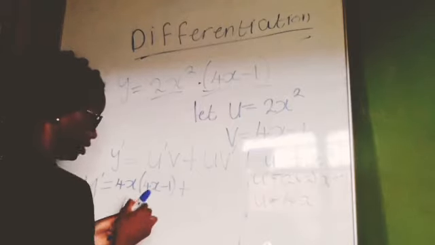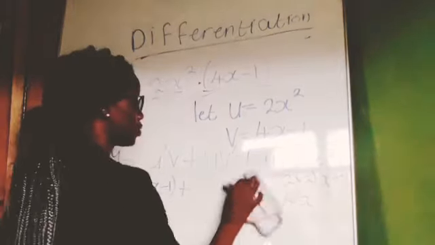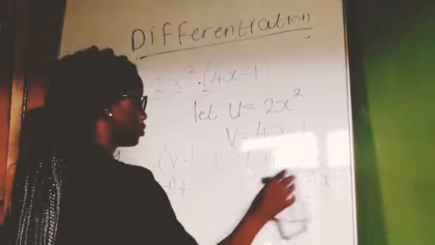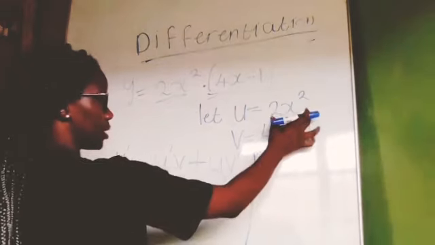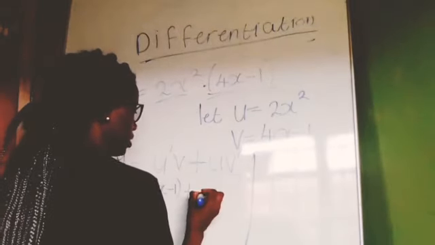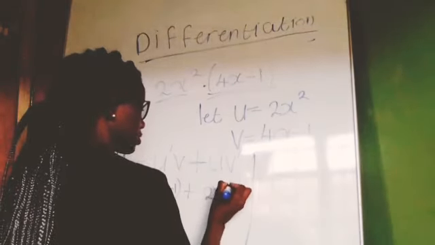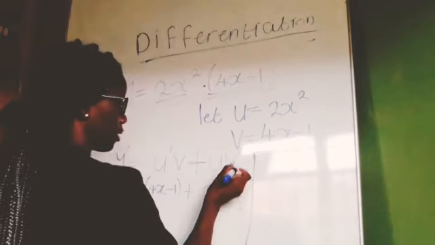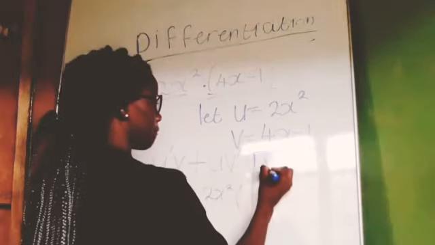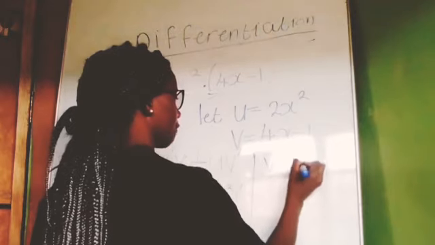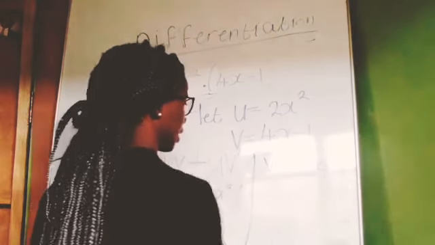Then plus, so we can now come to this part. So this part says u v prime. So we get the u function, which is just 2x squared. So 2x squared is being multiplied with the derivative of v. So you know that v is equal to 4x minus 1.